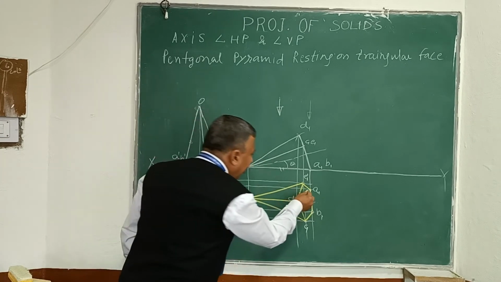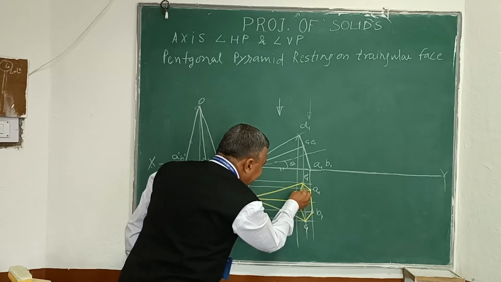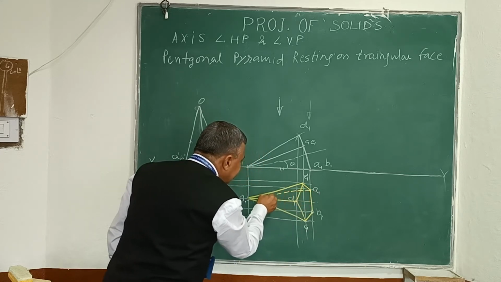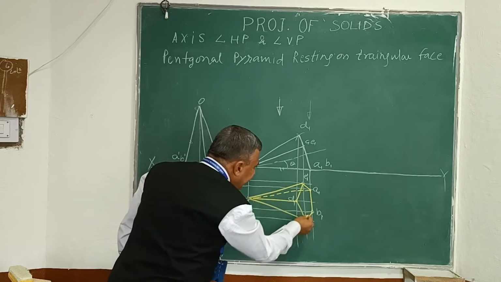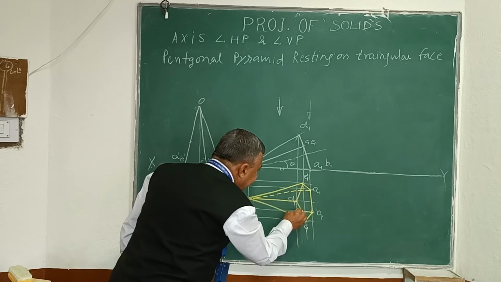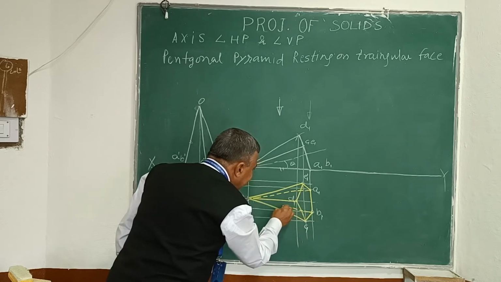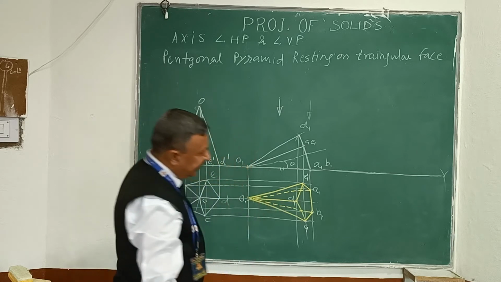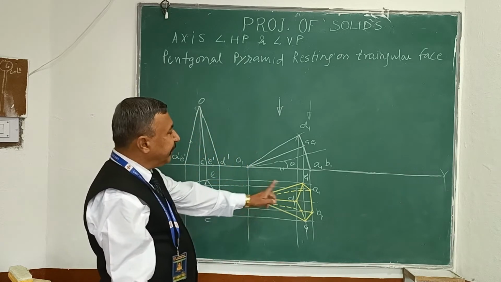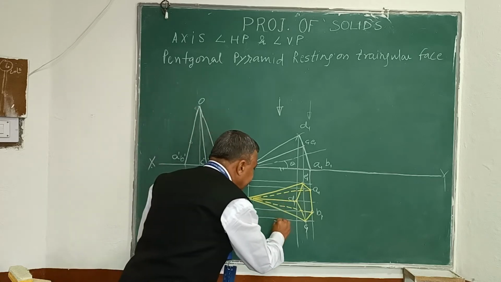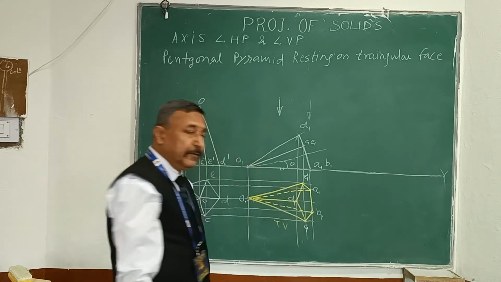So we have to draw a hidden line through this corner. And just like that, we also draw a hidden line through this corner also. So in this way, we complete this top view. It is our top view.